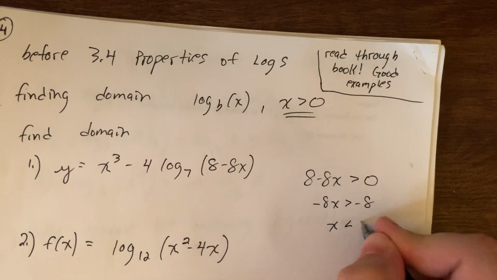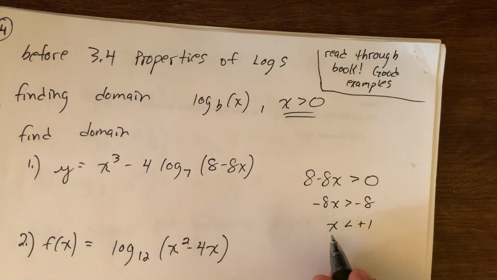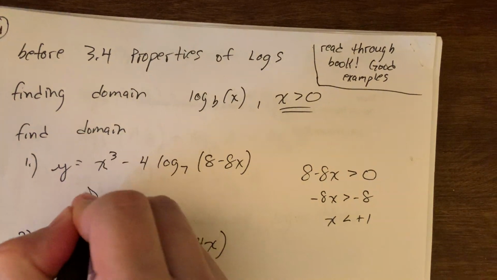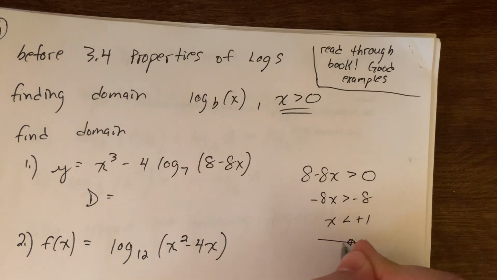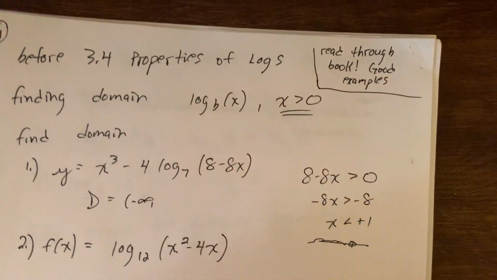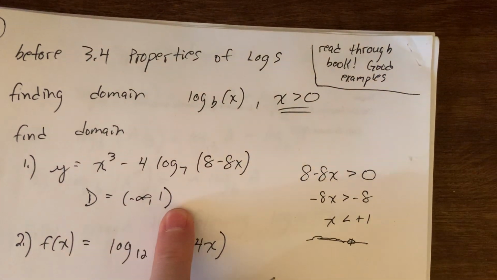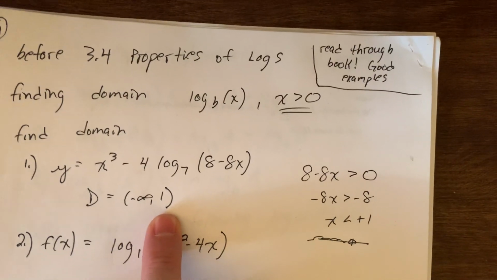Not to forget, when dividing by a negative, you still have to flip the sign. So we end up with x is less than 1. So the domain for this one, we want less than positive 1. So I would have negative infinity up to 1, not including. We do not have the equals here, so I would just get the parenthesis here.